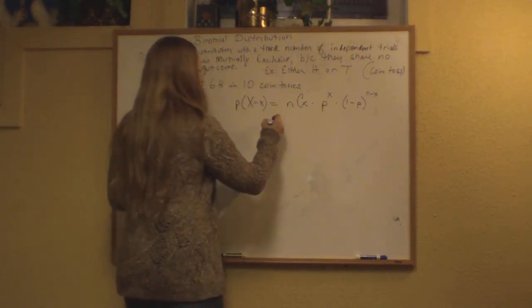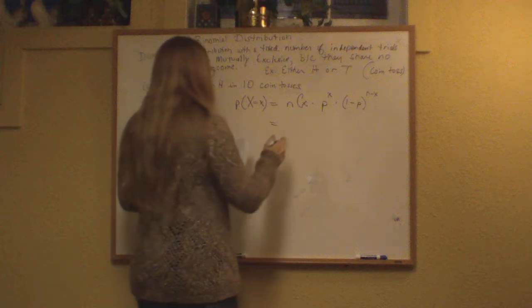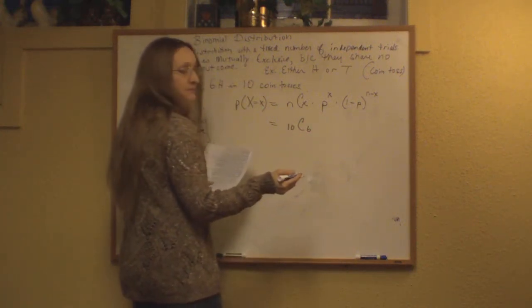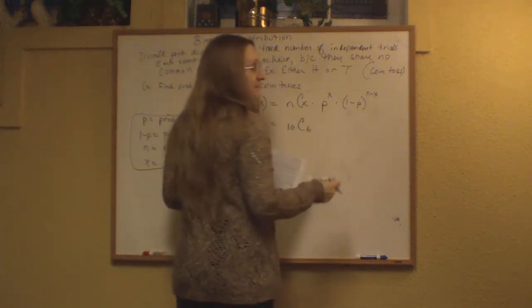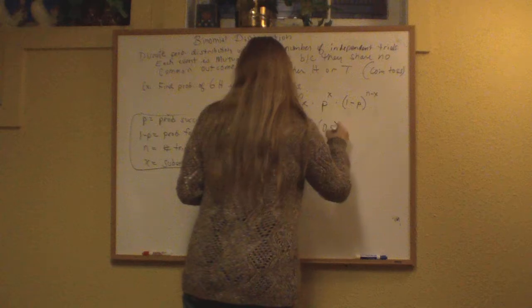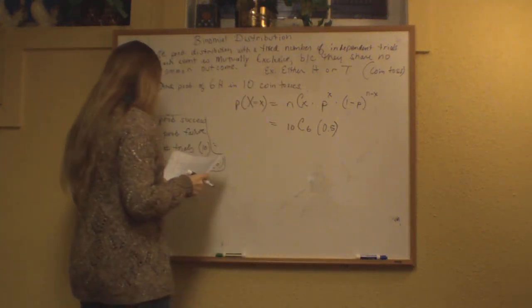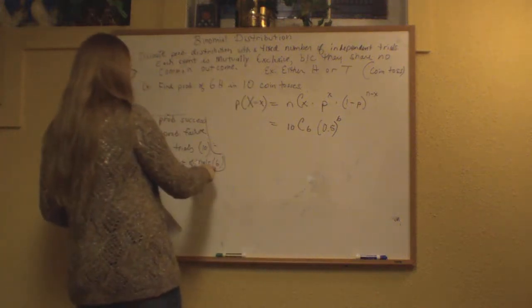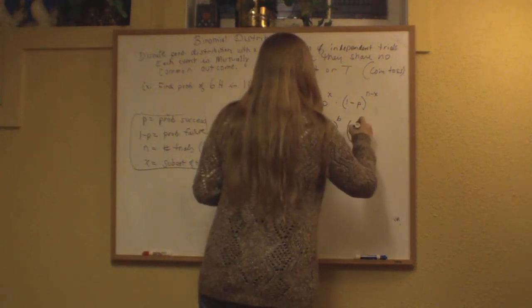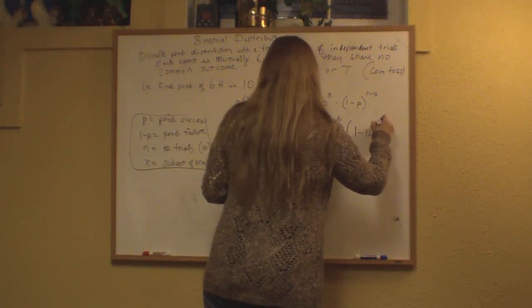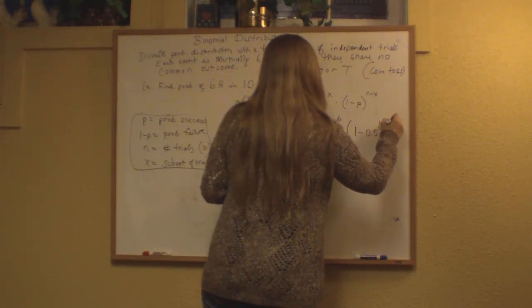Now I plug my data in. So I have 10 choose 6 times the probability, which is 0.5. Whether it's a head or a tail, the probability is going to be 0.5, but we have to raise that to the power. So it's going to be raised to the 6th power, because x is 6, times 1 minus 0.5 to the 10 minus 6.